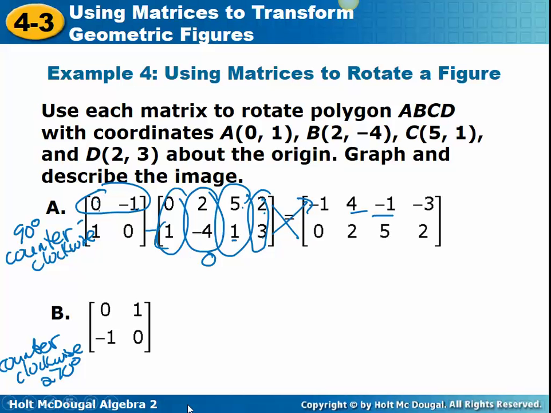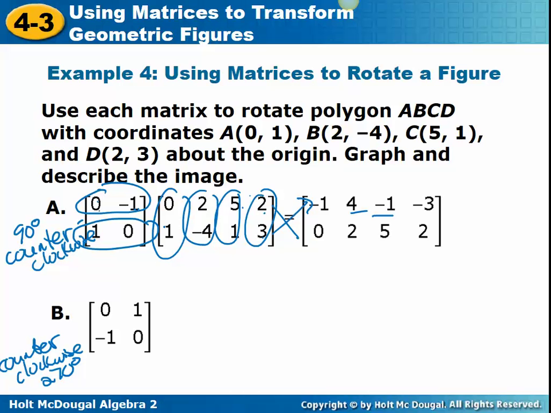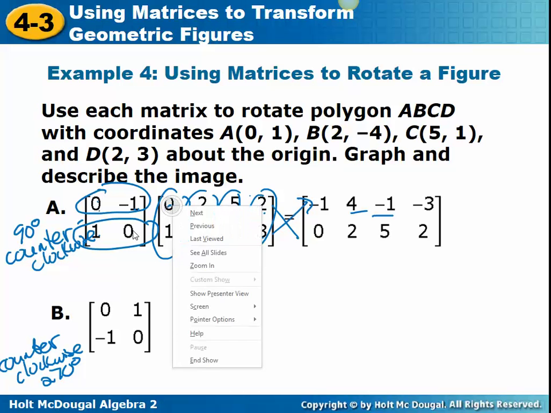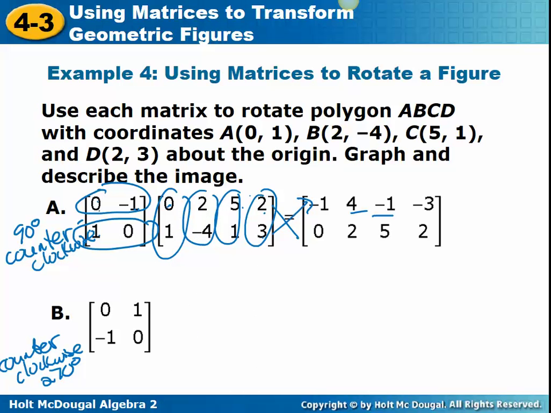Now in the next one, when you multiply by 1, 0, nothing changes. So if you're ever taking the row 1, 0 and you're multiplying by these columns, these numbers will remain the same. So 1 times 0 is 1, plus 0 times 1 is 0. 1 times 0 is 0, plus 0.